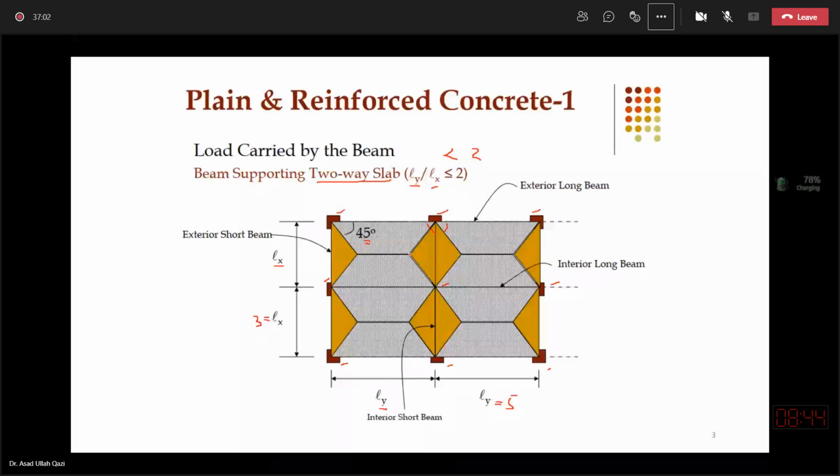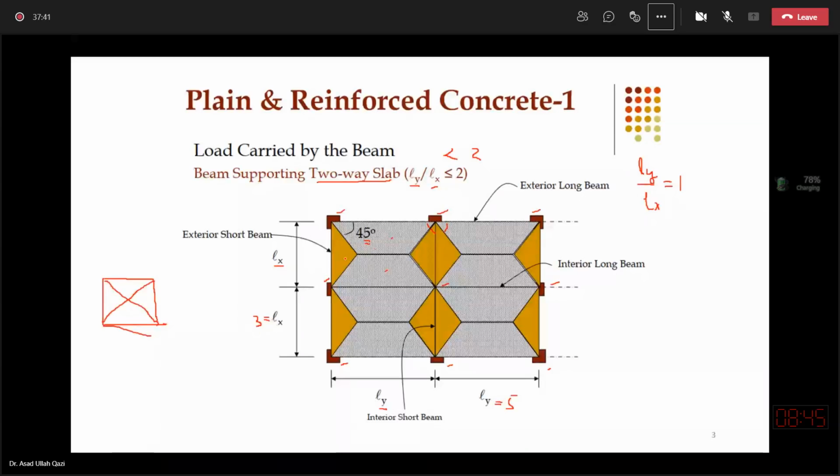If the aspect ratio Ly over Lx is 1, the panels are square, and you will get 4 triangles for each panel. Once you radiate out 45 degree lines, if the panel is exactly square, you will not get any trapezoid, so it will be a total of 4 triangles. Here, since it is 5 by 3, we will get 2 trapezoids and 2 triangles.